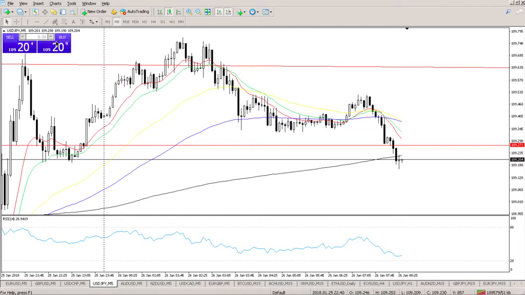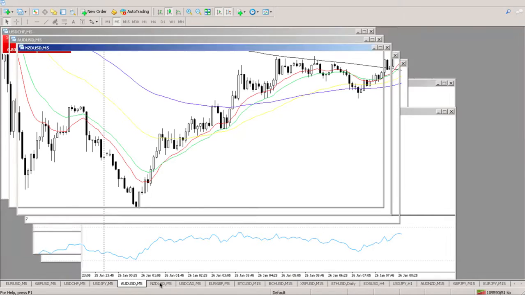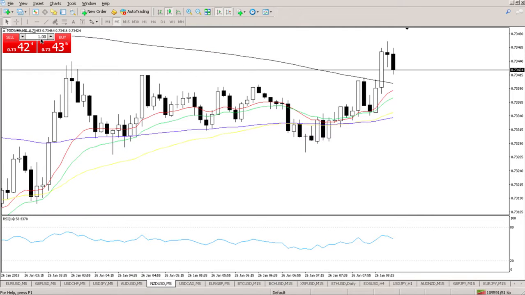Though we are confident, I'm going to use a 30-40 pip stop loss, because I don't want to take too much risk. A short in AUD USD and a short in the New Zealand dollar as well.